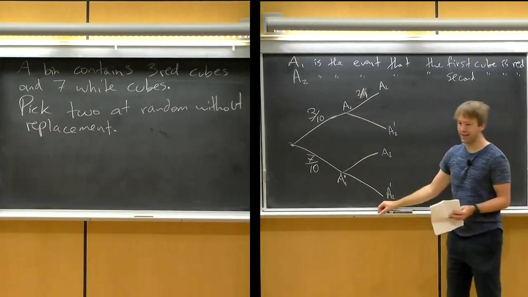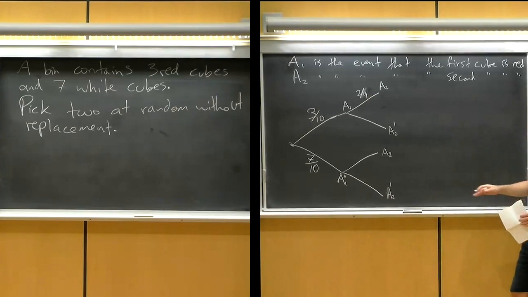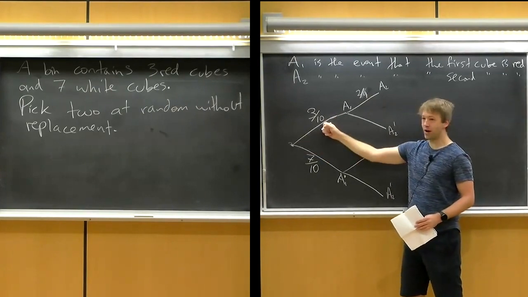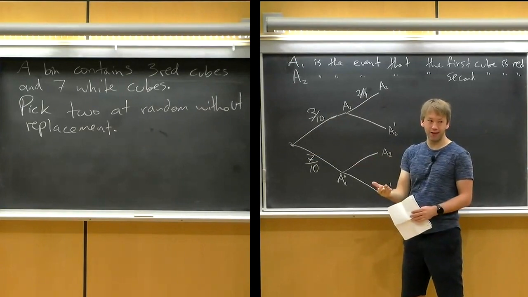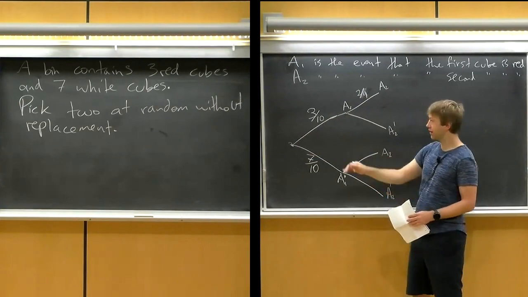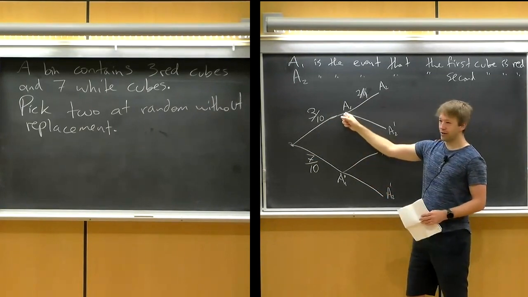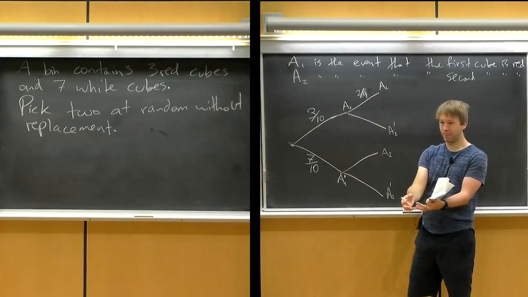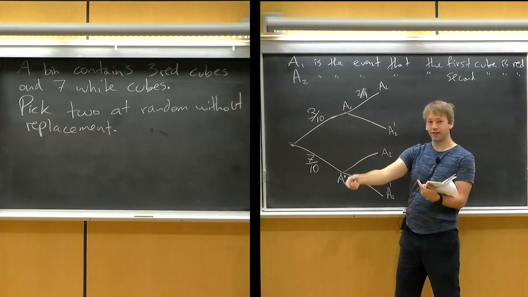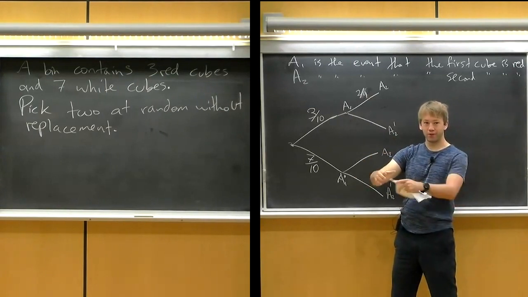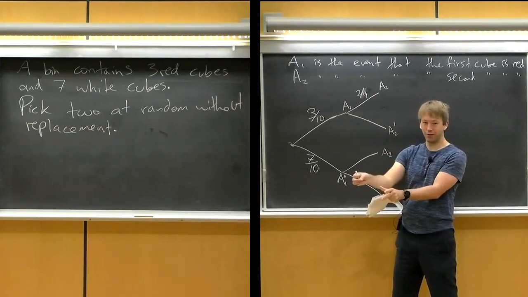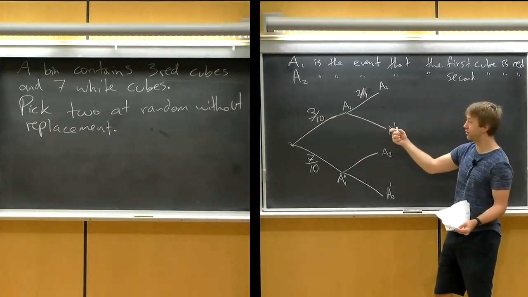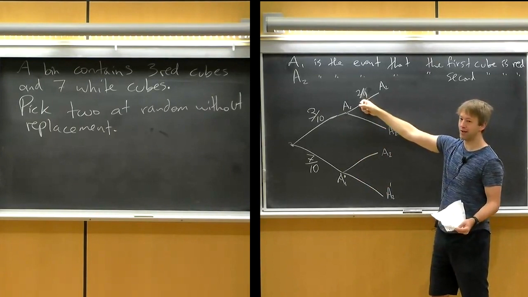Okay, so let me say that again. This number here we got by saying what's the probability the first one's red, which is 3 over 10. If you imagine you're here, you've already seen the first one was red. Now for the next cube, there's only 9 cubes left, and 2 of them are red, right? So that should be 2 over 9.